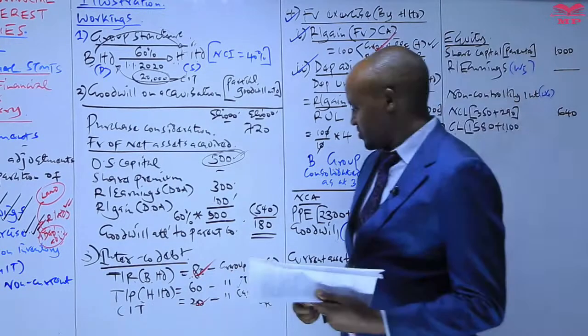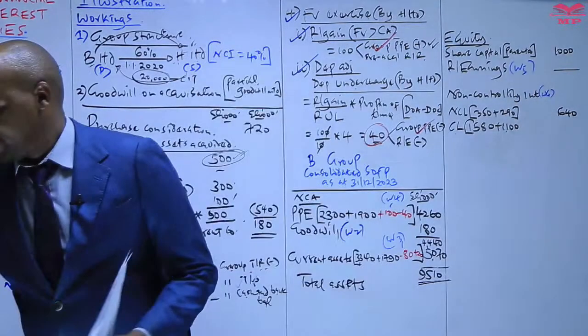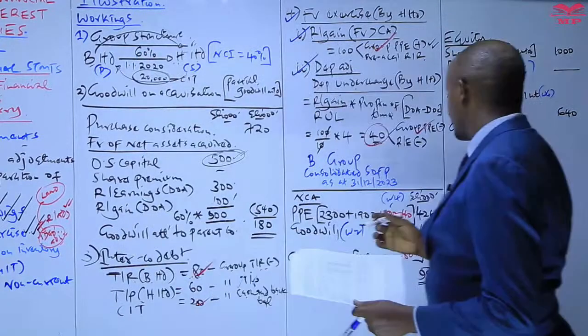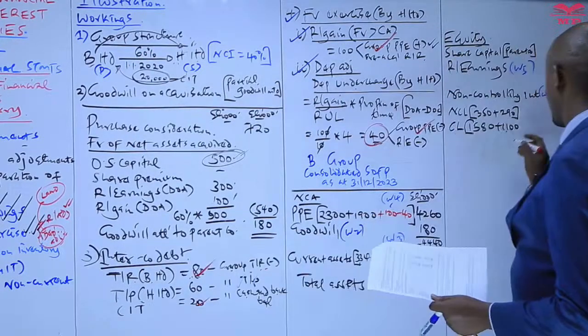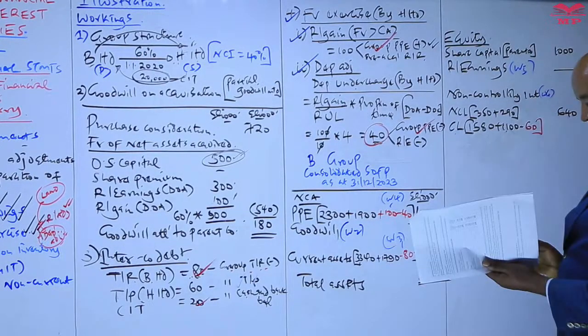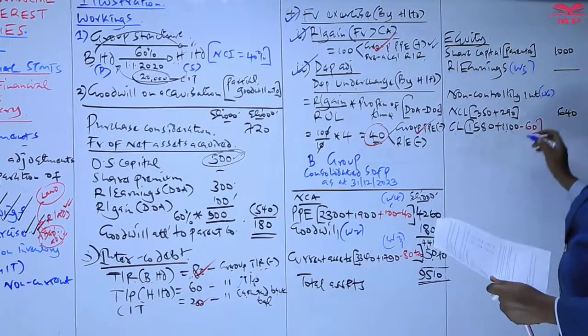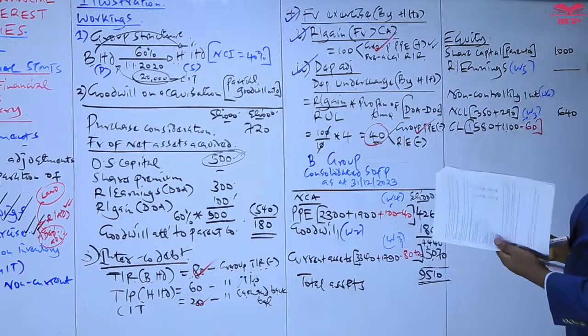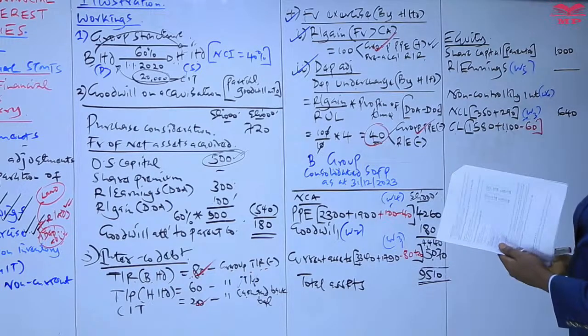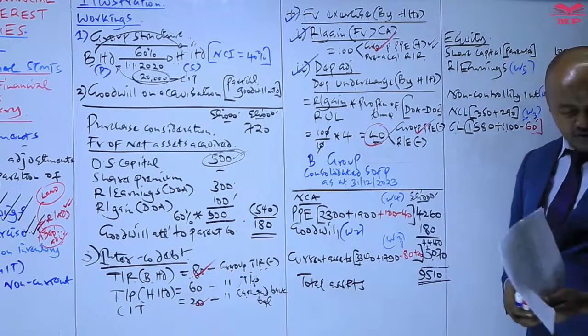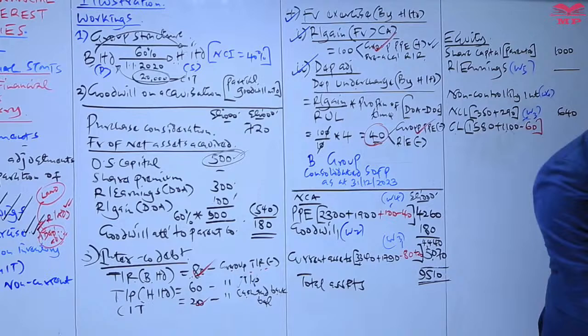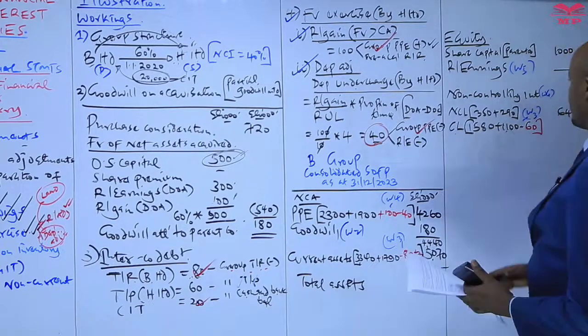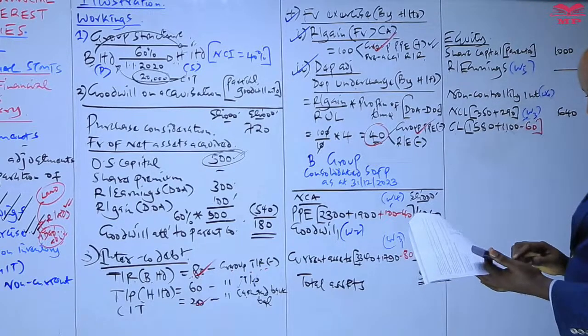So let's note that here with the red pen so that you can see the adjustment we are making here. So that is an adjustment for intercompany debt, working 3 there. So I think we can now get those final figures so that we can proceed and compute the retained earnings and NCI.